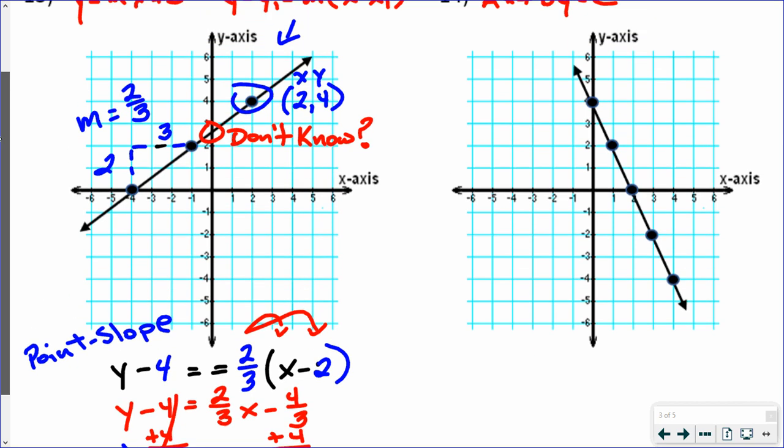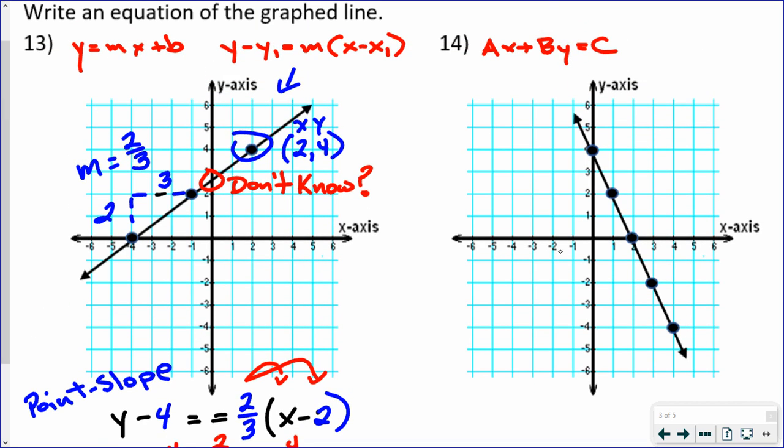All right, so let's look at this next one. This next one, I have a y-intercept. So the y-intercept is 4. So let's just go ahead and write this in slope-intercept form because I have the b and I can find the slope using 2 points. All right, so find the slope. Let's do rise over run.